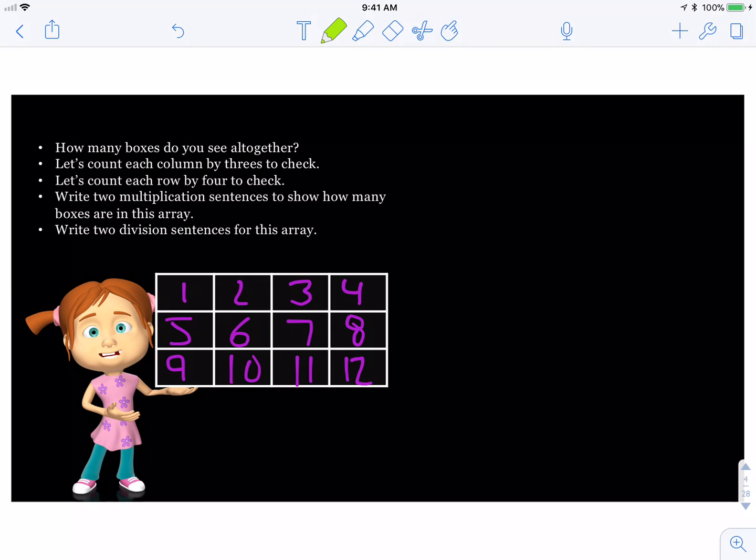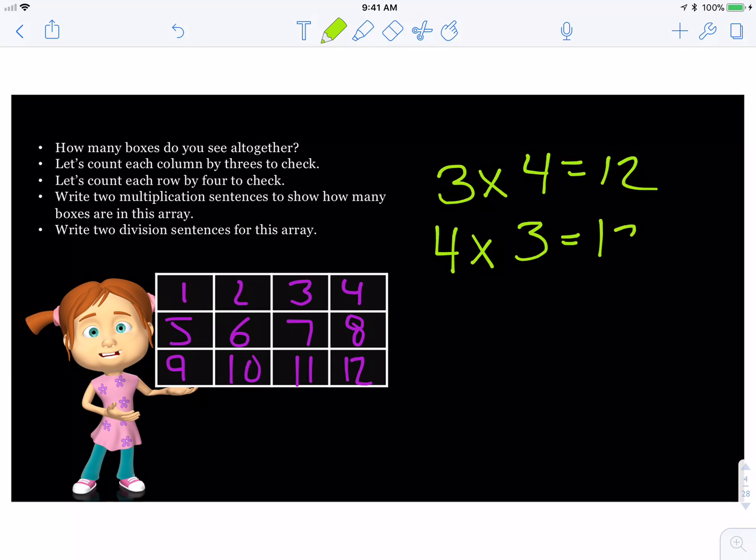So we can say 3 rows times 4, because there's 4 in each row, equals 12. Is that a multiplication sentence? Yes, it is. And then we could say 4 columns, and how many are in each column? 3. So 4 times 3 equals 12.